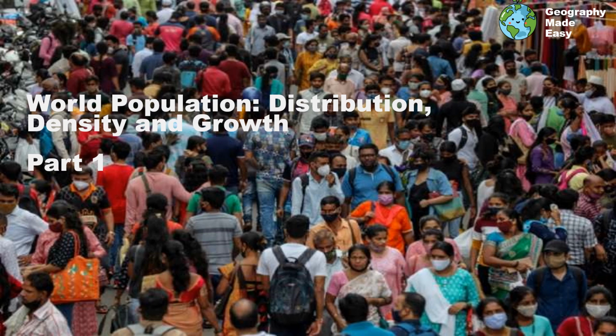For example, we can have the population count for a particular bird species, or the population count of the tiger in India, as well as the number of bacteria living in one drop of water. However, here we will be just concentrating on human population.